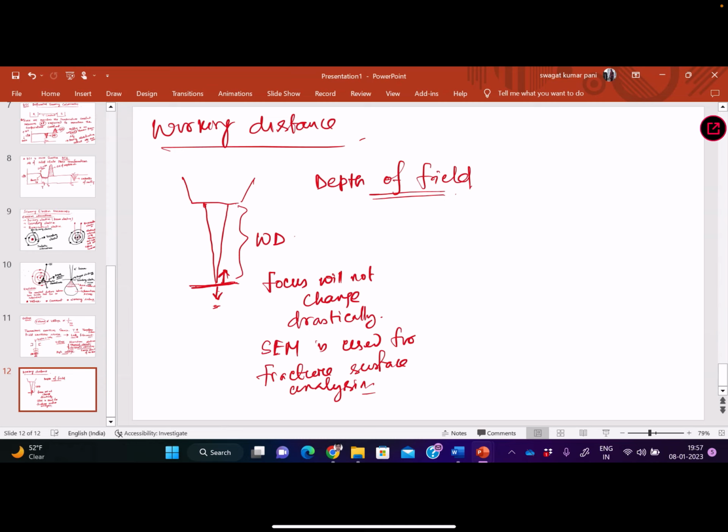And how is it related to working distance? I'll draw this here. Suppose we have a large working distance like this.